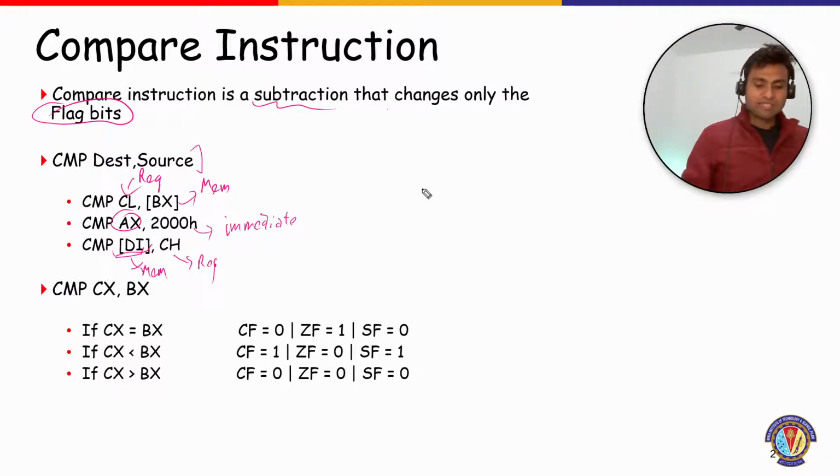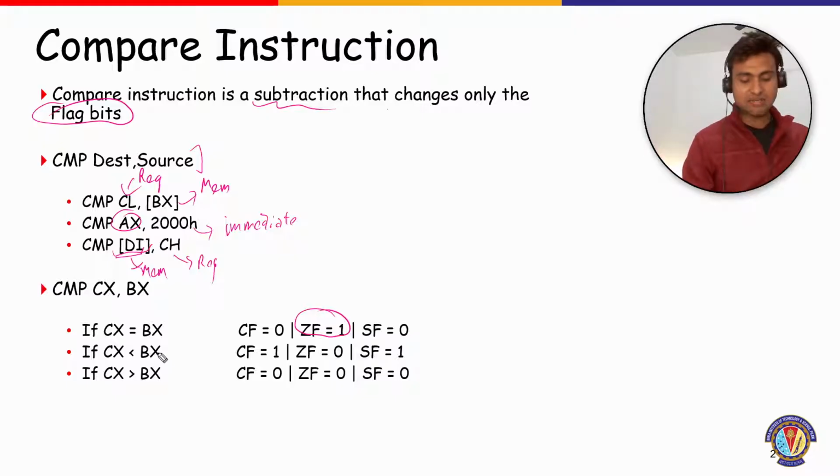So let's look at an example of how the bits are going to be affected. If I do compare cx comma bx, then there are three scenarios. Either cx is equal to bx, or it is greater than or less than. There is no fourth possibility. In each of these scenarios, how the bits are affected is shown here. Definitely, if both of them are equal, the zero flag is going to be one.